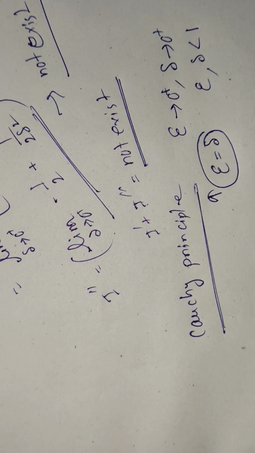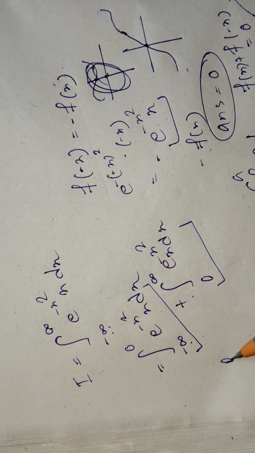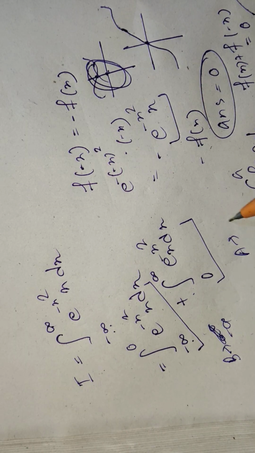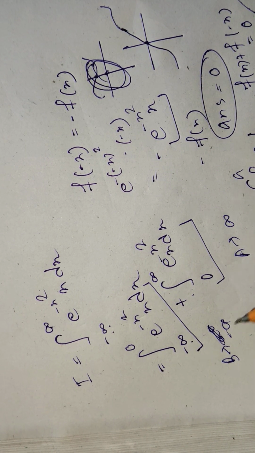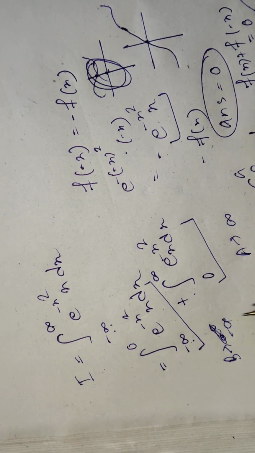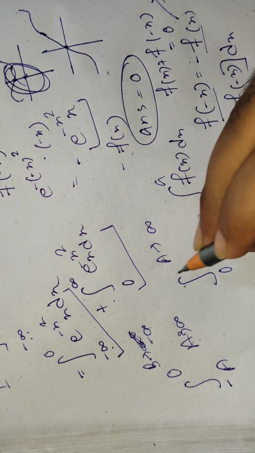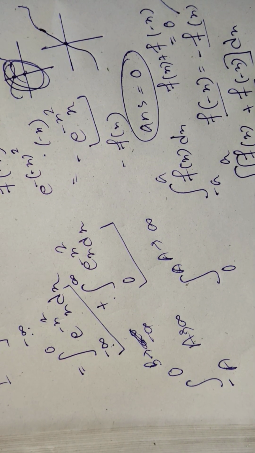Wait a moment. In that question, we had taken minus infinity as basically b tending to minus infinity and a tending to infinity, right? We can take a tending to infinity, but this will become minus a to 0 and this is the same 0 to a. Hopefully you can understand, right?